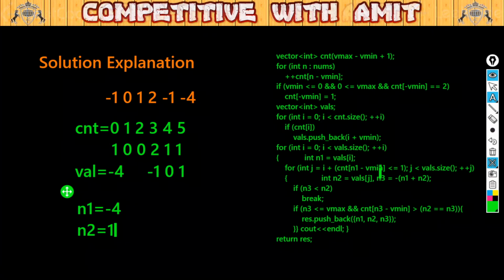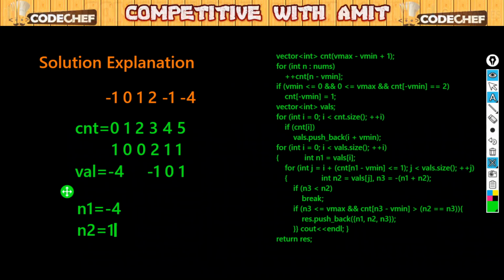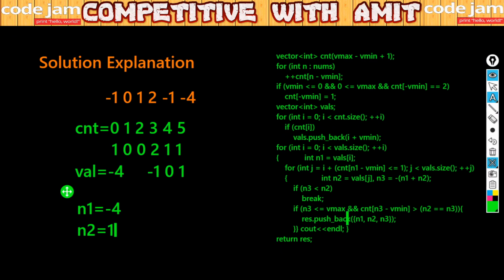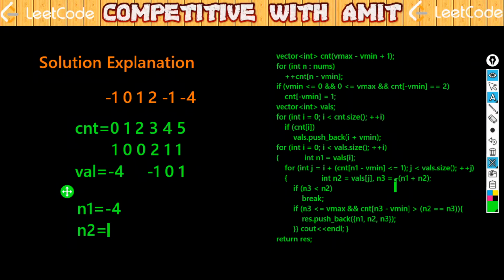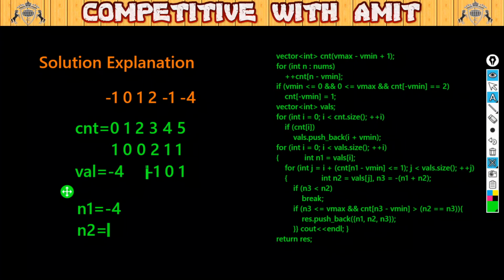If a value is greater than 1, in that case it will start from greater indexes. So in this case it will start from 1. So j's value is at index 1, and it will be -1.